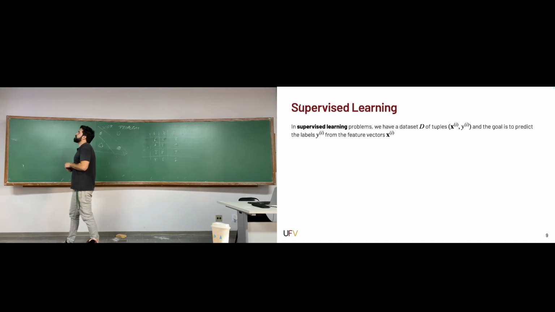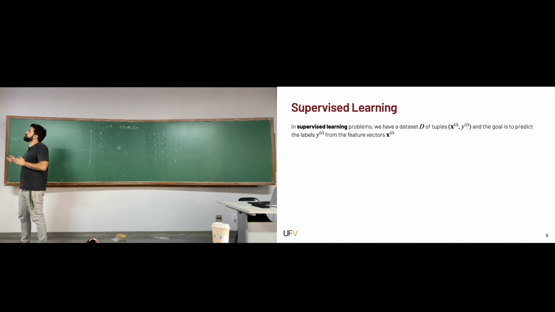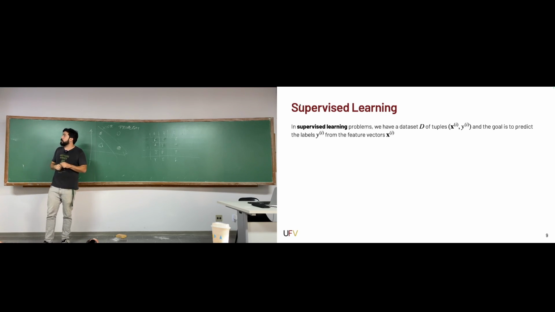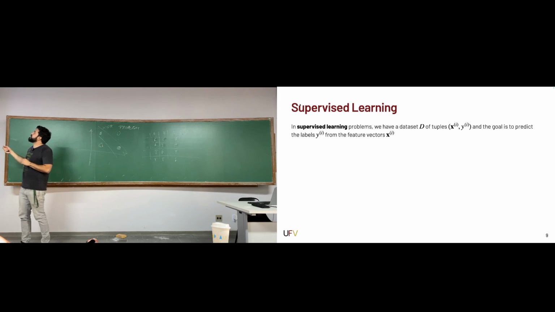So let's formalize supervised learning first, because this is the kind of problem we're going to deal with the most in this course. In supervised learning, our data set D is composed of tuples x, y. And I'm going to use this notation here, superscript parenthesis i, for denoting the index of the example in the data set.